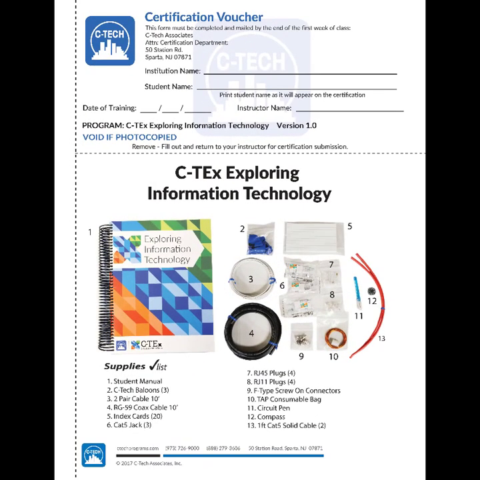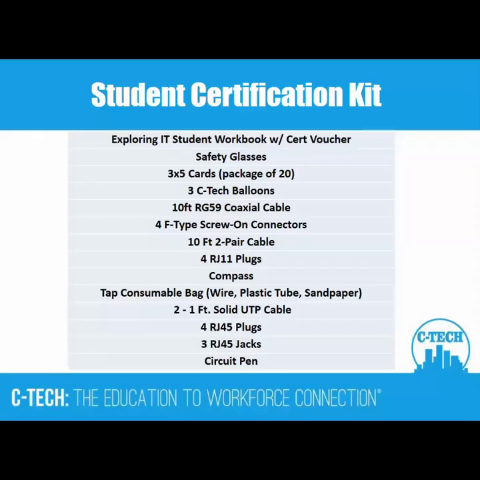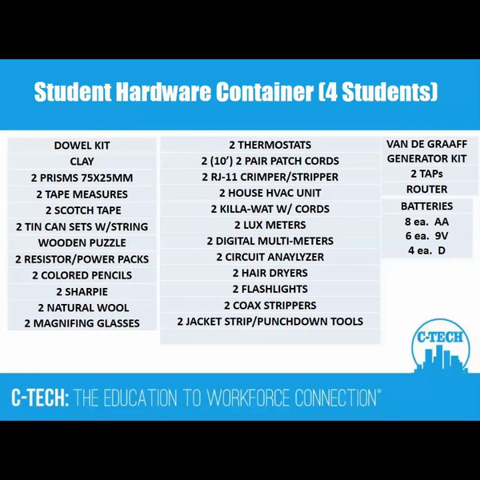Shown is a student consumable kit voucher, which displays the contents of the student consumable kit. This voucher needs to be sent to us the first week of training. Here's a description of what is in the student consumable kit. Shown are the contents of the student hardware container, 4 students per container.